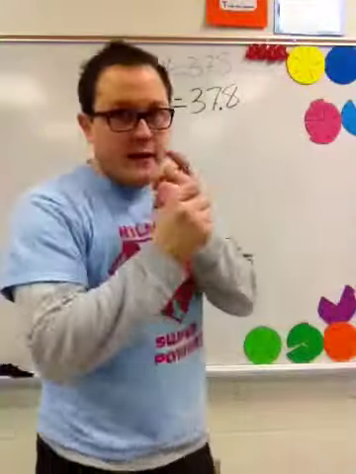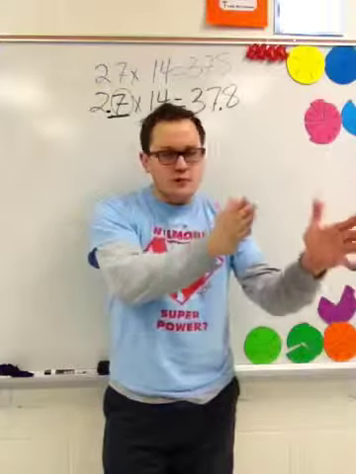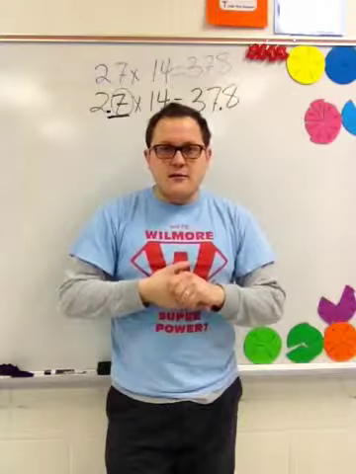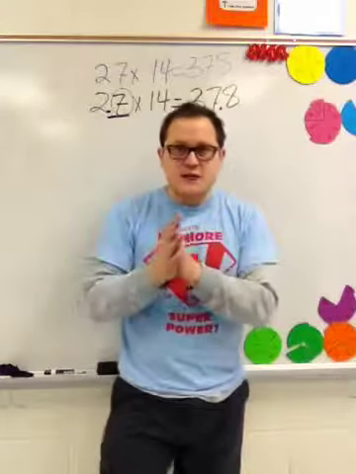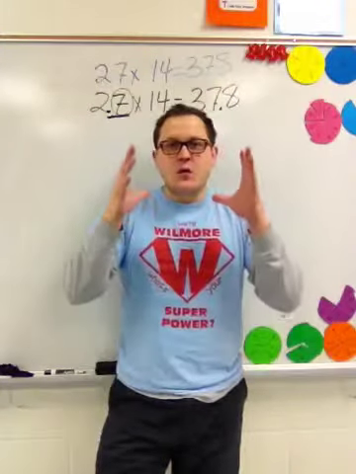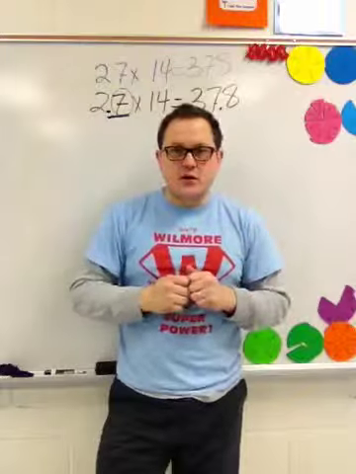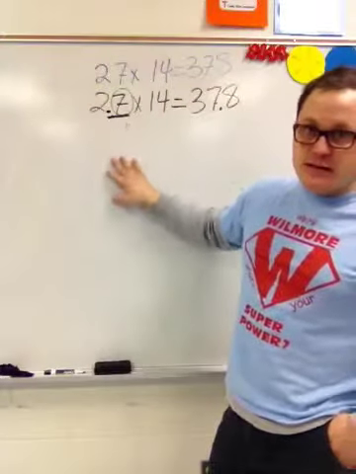So we know that multiplication works with both whole numbers and decimals. The lattice method works with both whole numbers and decimals. The only thing that changes is when you get to your answer, you have to consider, okay, how many decimal places did I have to the right of the decimal?